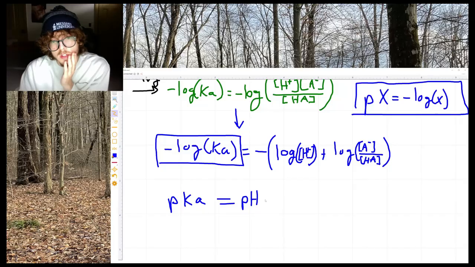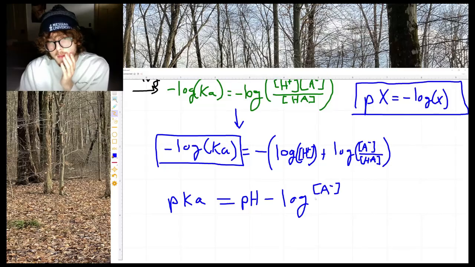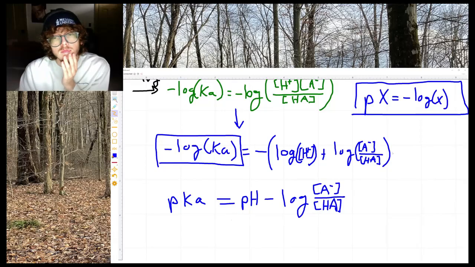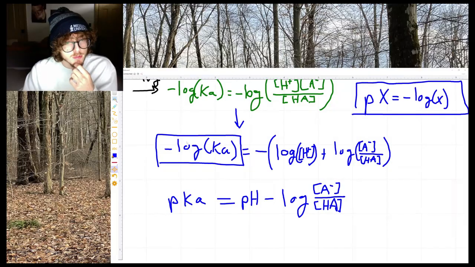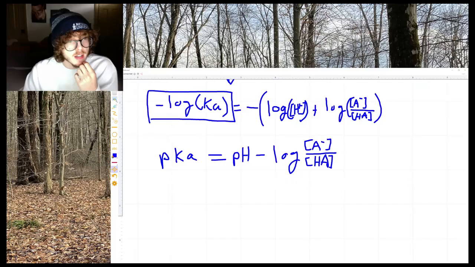And then this is going to be minus the log of A minus over HA. And if you notice, there's a little simplifying step we can make to really just get the Henderson-Hasselbalch.